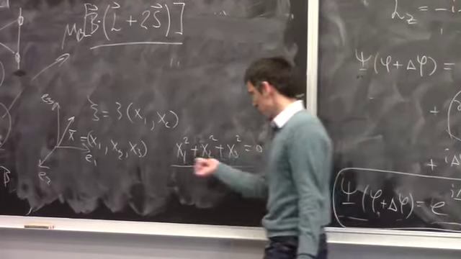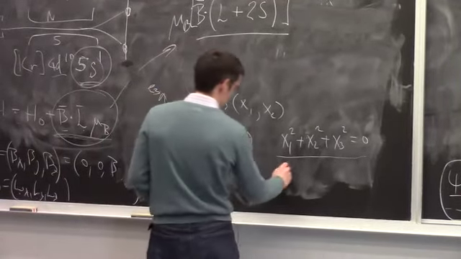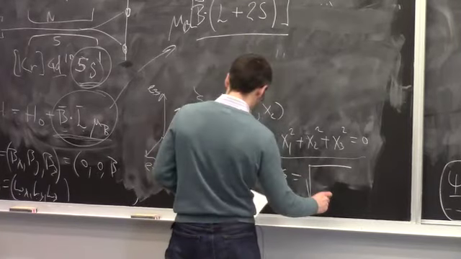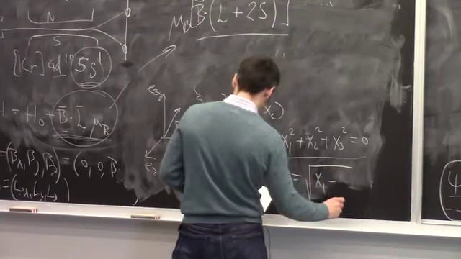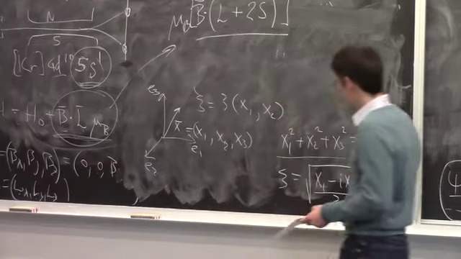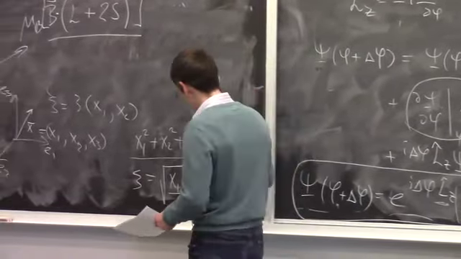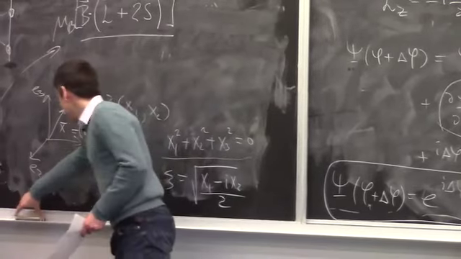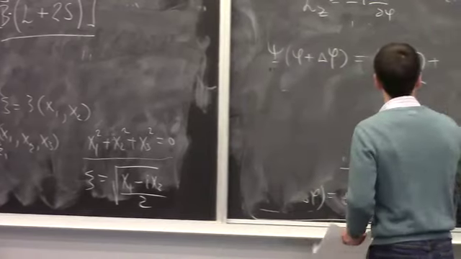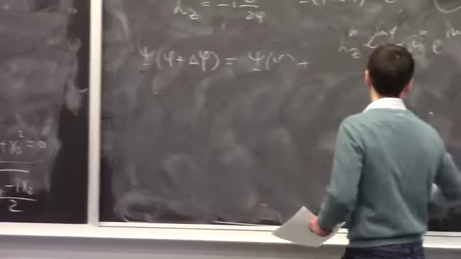Any vector with real x1, x2, x3, if you have a condition like that, would be a 0 vector, because that's essentially the length squared of the vector. Now you need complex x1, x2, x3, or at least allow them to be complex, and then the zeta function will be the square root of (x1 minus i x2) divided by 2. Okay? So this is my function, and if I do the transformation that will change the coordinate system by 2 pi, how do I do that?